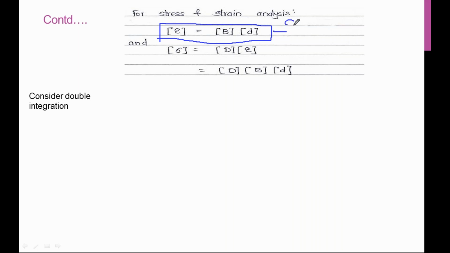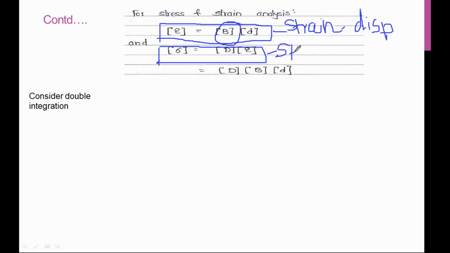So it is known as the strain displacement relationship, and this is the strain displacement relationship matrix B. Our second relationship is sigma is equal to D into epsilon, the stress strain matrix which gives you the stress strain relationship.